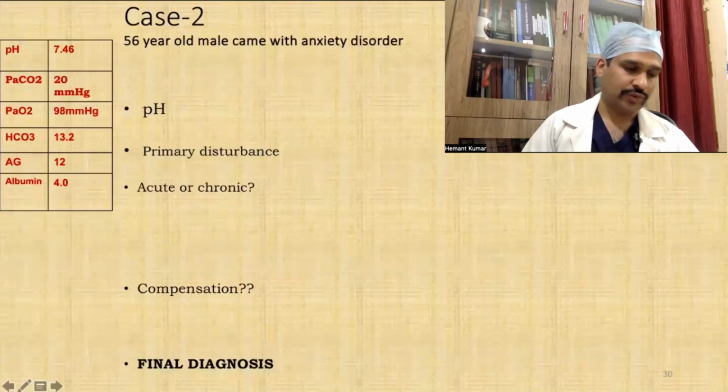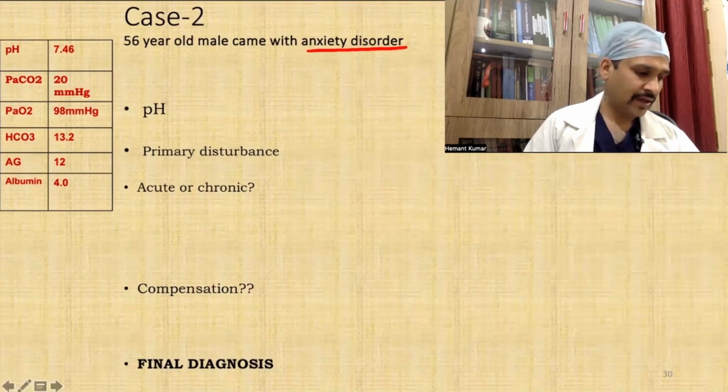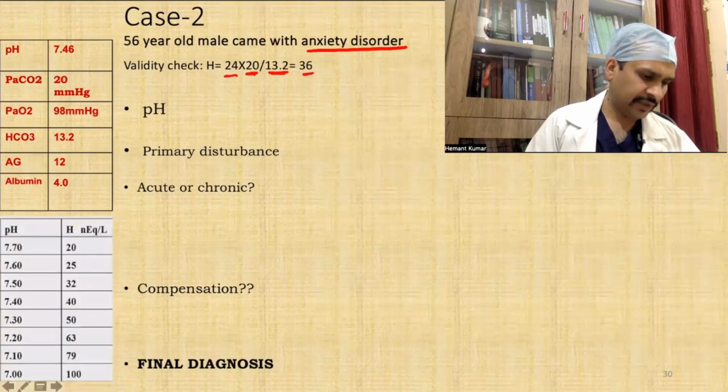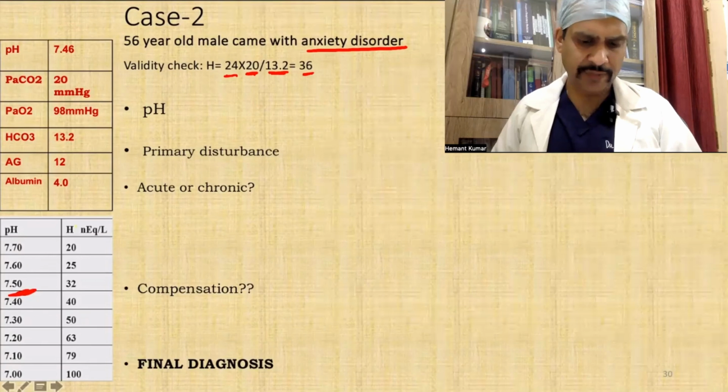Now see case 2. He is a 56-year-old male who came with anxiety disorder. So first we have to check validity. How to check? Again, PCO2 upon bicarb into 24, which is 36, and we have to see in the table. So 36 will come somewhere here. Okay. So this ABG is valid.